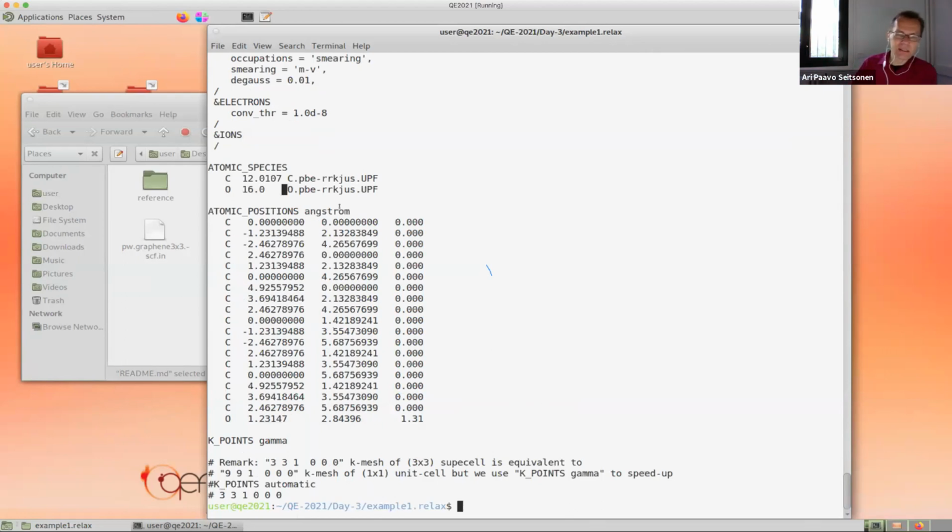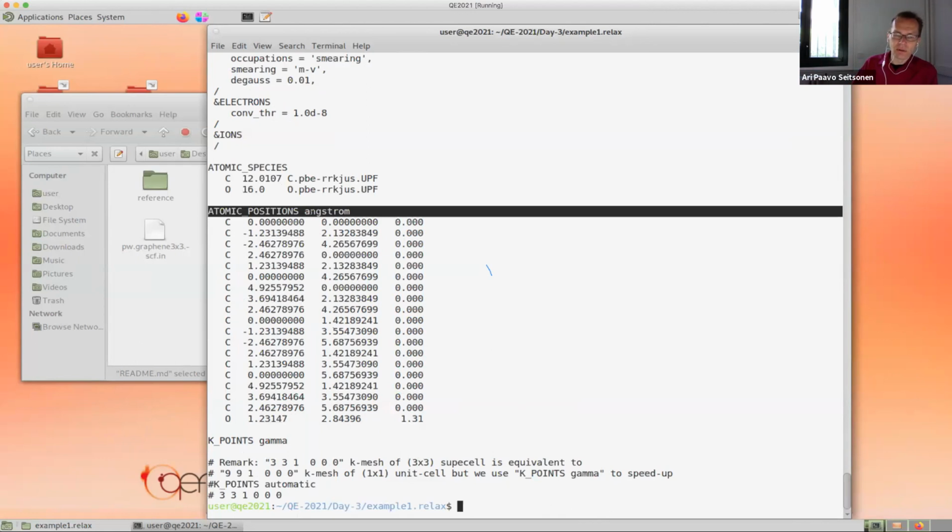Okay, so the coordinates. Now we actually give the coordinates in angstroms, not in crystal coordinates, and not like in the previous example where we gave the coordinates as a function of the ALAT. Now it would be funny to use the ALAT because from the simple unit cell, you remember we took 3x3 supercells.